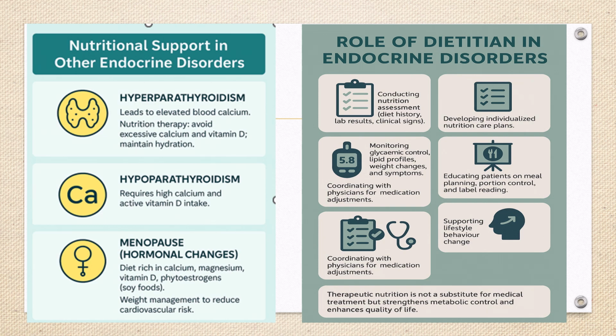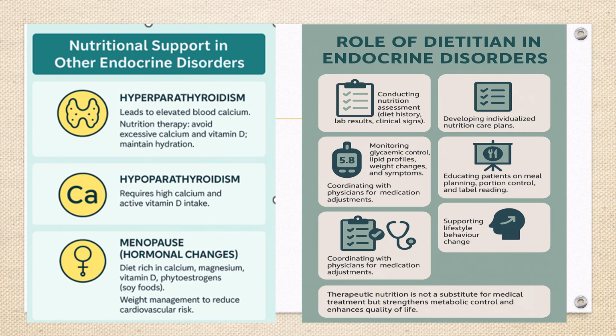Dietitians also are important in monitoring glycemic control, lipid profile, weight changes, and symptoms of our patient. This is very crucial. How do we know if there's progression if we don't monitor this? There's also need for dietitians to educate their patients on meal planning, portion control, and label reading. Imagine if your patient has to restrict a particular food without the knowledge of label reading.